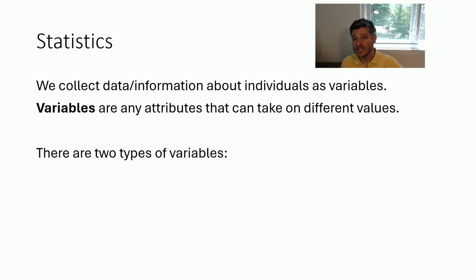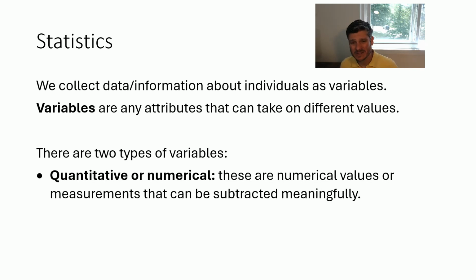Now, we typically take these variables and break them down into two different types. The first is our quantitative or numerical variables. And so again, these are numerical values. They're numbers or measurements that can be subtracted meaningfully. Usually that's a good rule of thumb to keep in your mind, right? They're only numerical if I can do math with them in some way that makes sense.